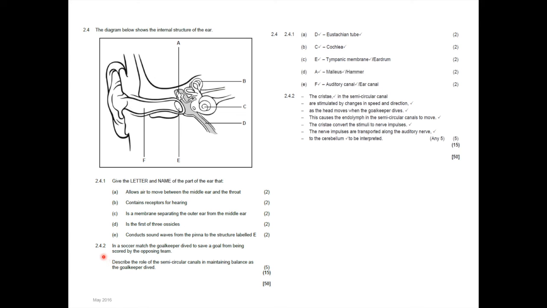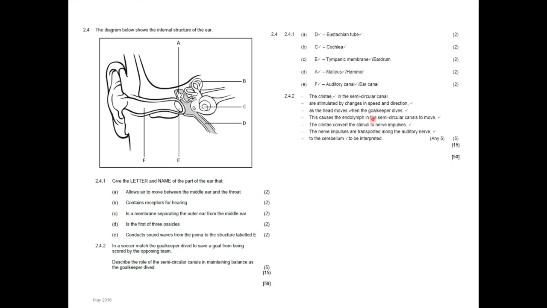And then the last question, 2.4.2. In a soccer match, the goalkeeper dived to save a goal from being scored by the opposing team. Describe the role of the semicircular canals in maintaining balance as the goalkeeper dived. 5 marks. There you must say the cristae in the semicircular canal is stimulated by changes in speed and direction.